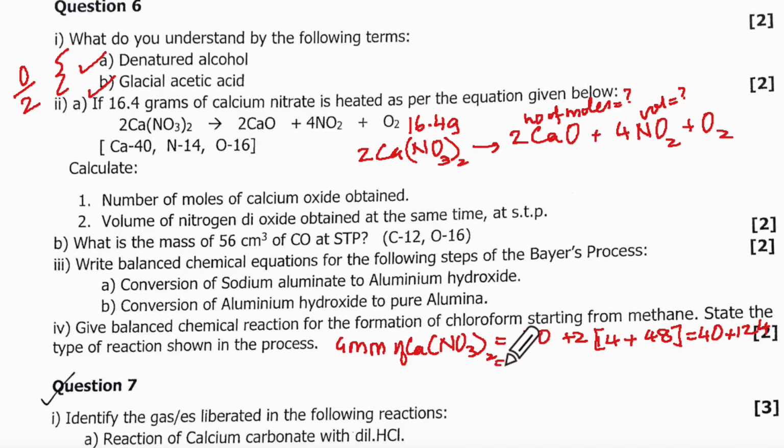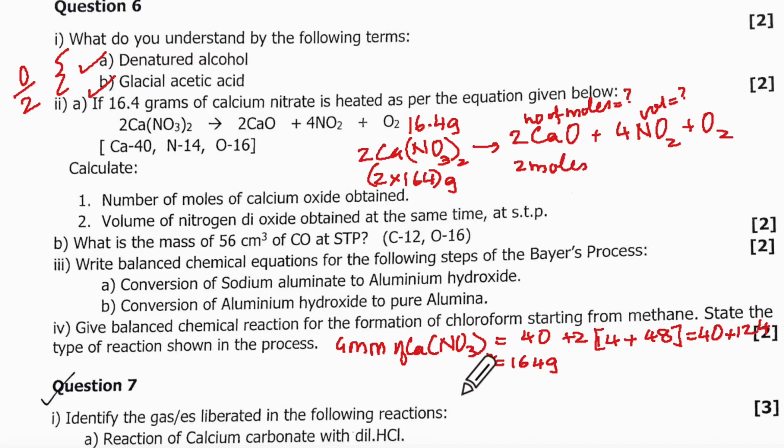So how much are you getting here? 164, correct? Gram. Right below this, 2 into 164 gram. Are you with me so far? Yes. Okay. Number of moles. How many molecules do you see here? 2. So if there are 2 molecules, that means it is 2 moles.